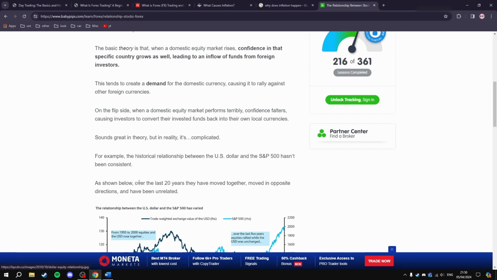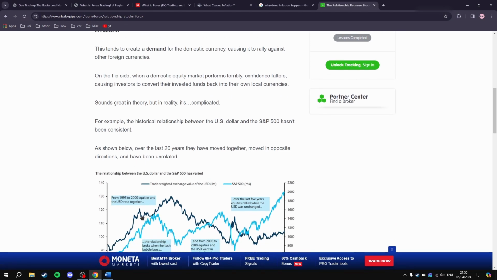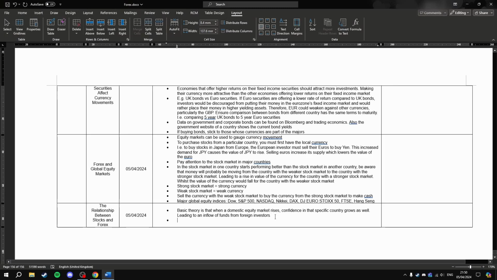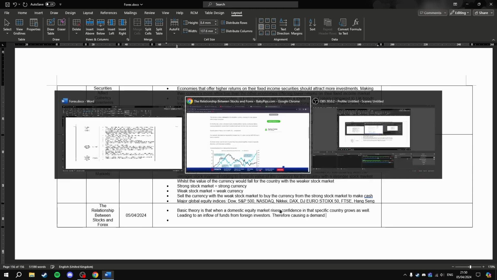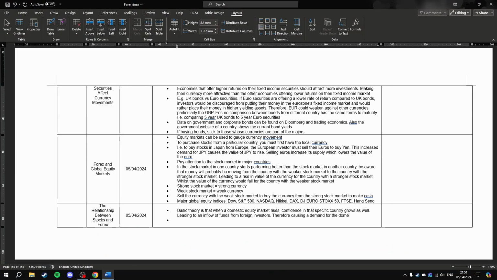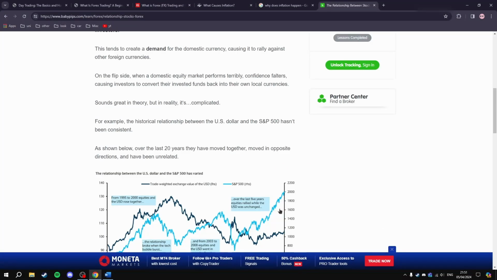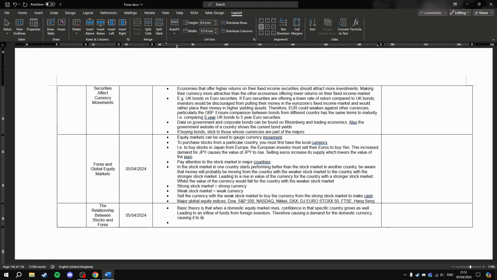This tends to create a demand for the domestic currency, causing it to rally against other foreign currencies.